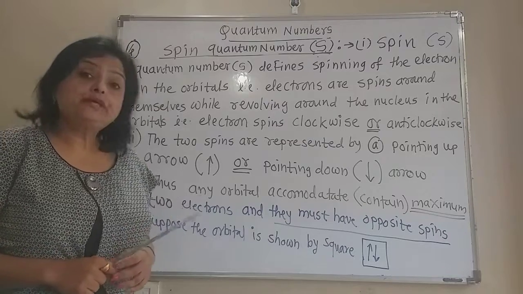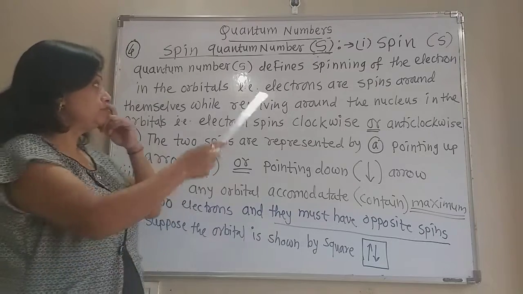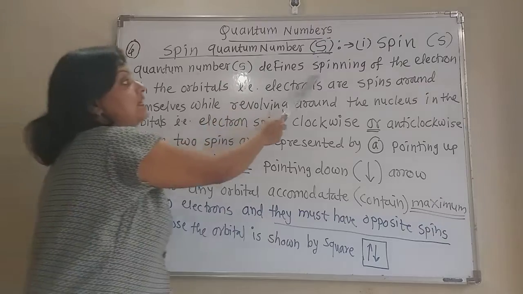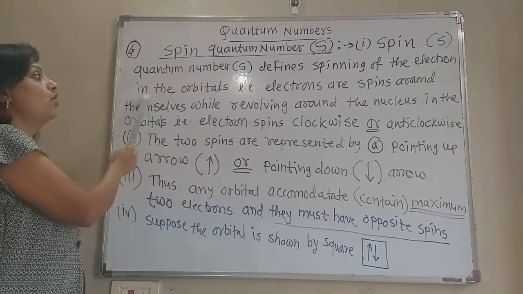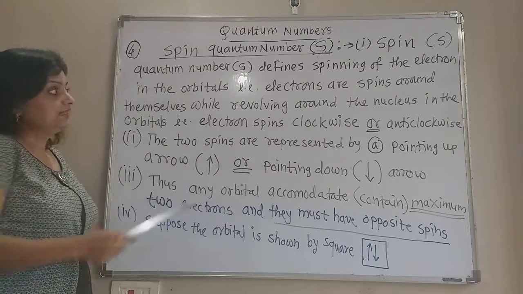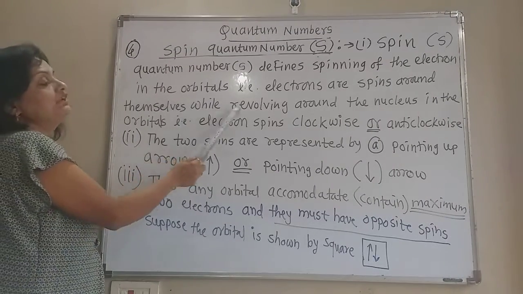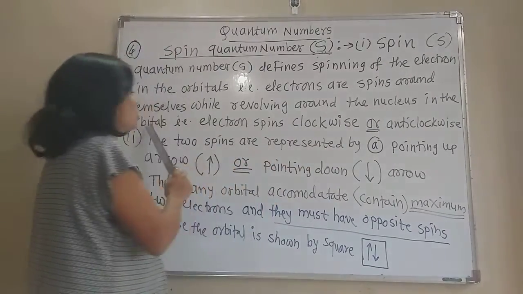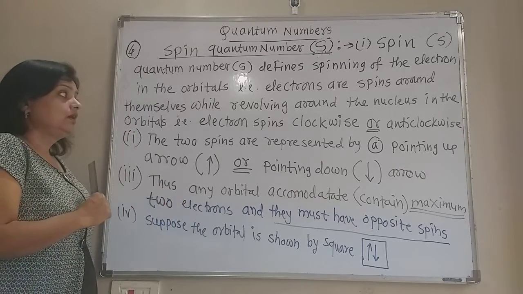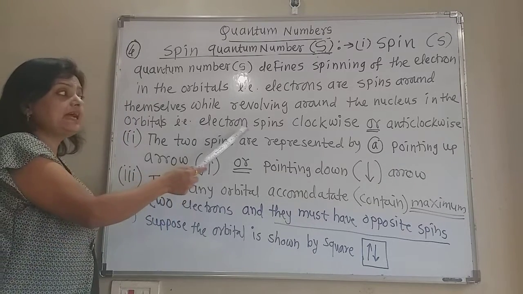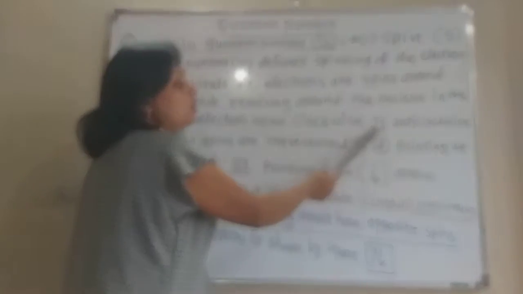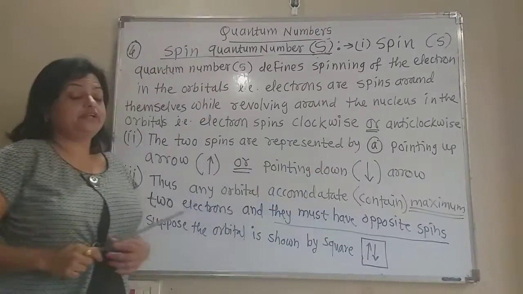Now the spin quantum number S defines the spinning of the electron in the orbitals. Electrons spin around themselves while revolving around the nucleus in the orbitals. That is, the electron spins in the clockwise direction or the anti-clockwise direction.